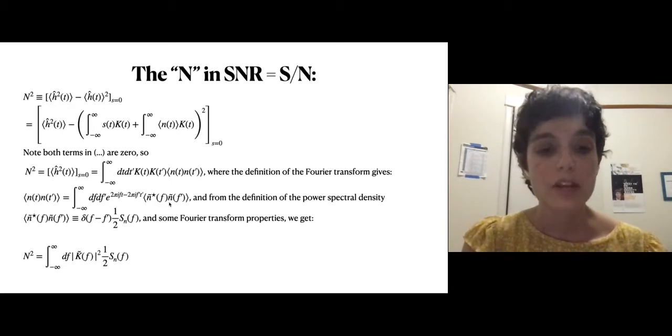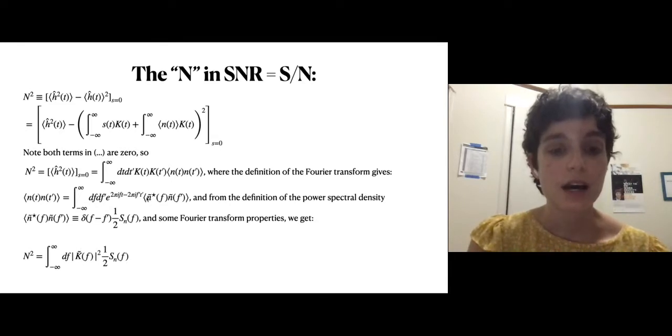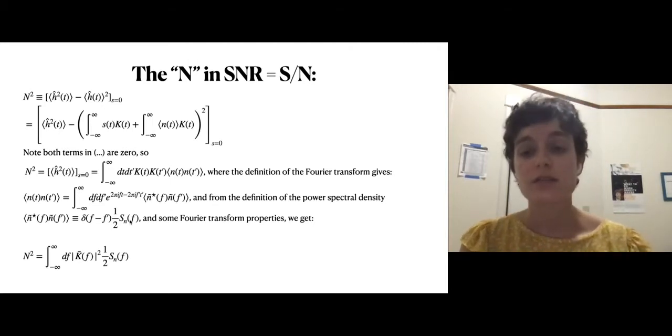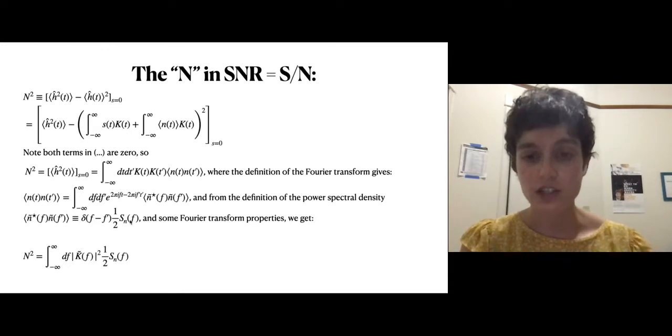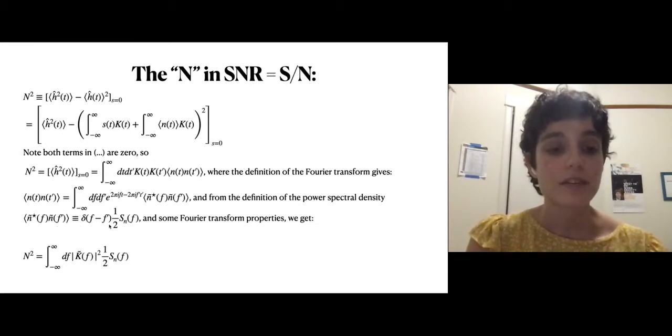And remember that we defined the power spectral density to be essentially this term here. So for the assumption of stationary Gaussian noise, the expectation value in this term here is defined in terms of this power spectral density.